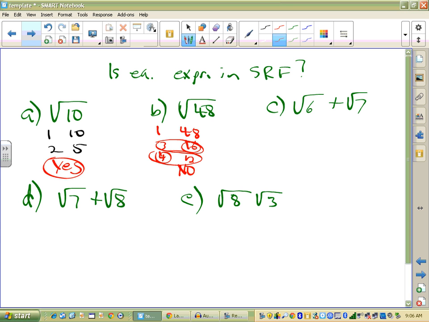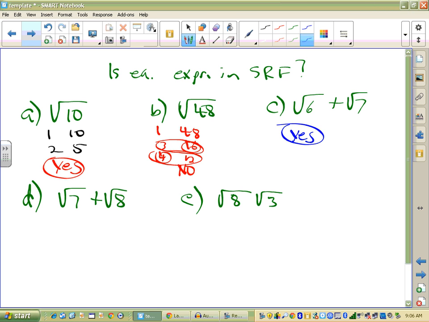Let's look at part C. Rad 6 plus rad 7. Like radicals have the same radicand. Our radicands are 6 and 7. They're not the same. What do we think about C? Is that in simplest radical form? Believe it or not, it is. We don't have any like radicals to combine.